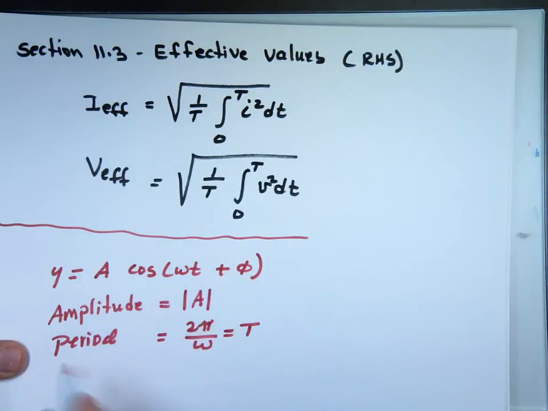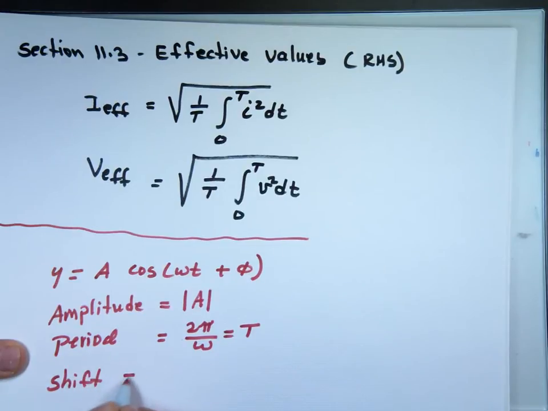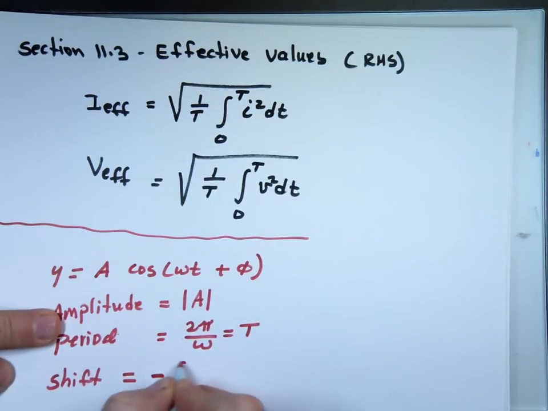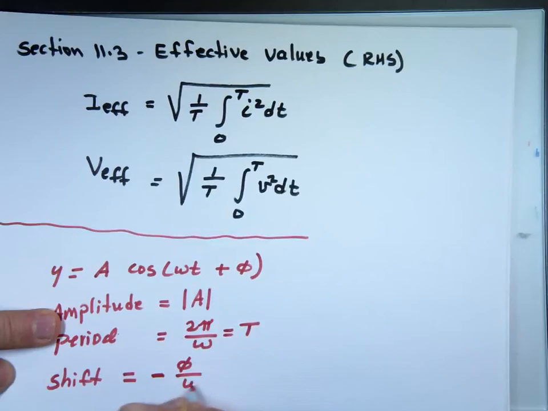And the phase shift, or displacement, we used to call them B and C here, is equal to negative phi over w. If it's negative, you start on the left side; if it's positive, you start on the right side of the y-axis. I'm interested in the period today, 2 pi over w. So let's look at that.